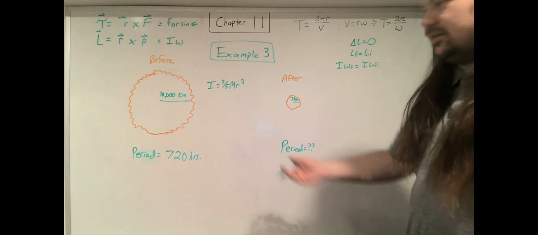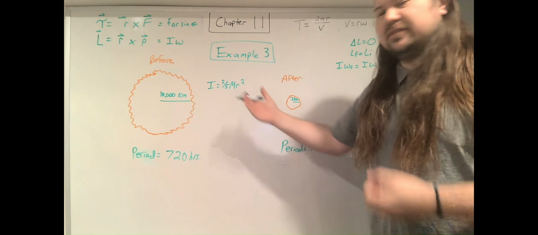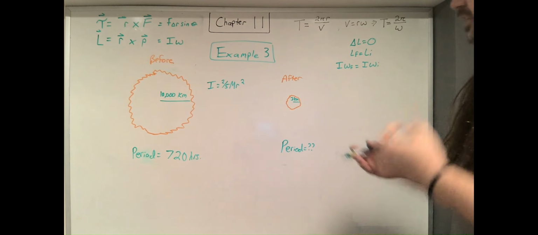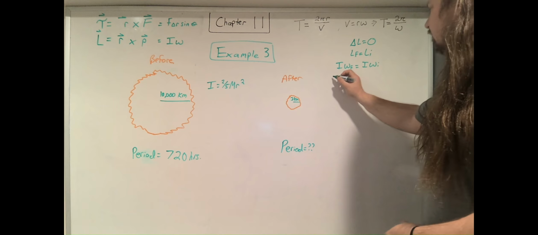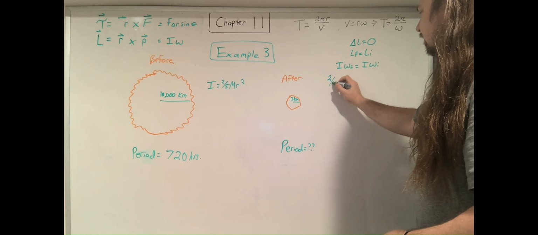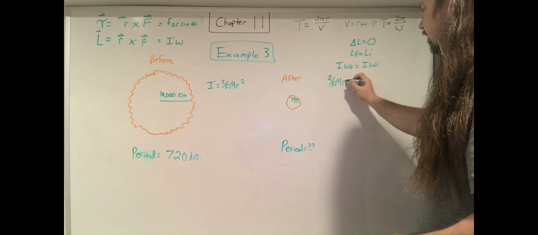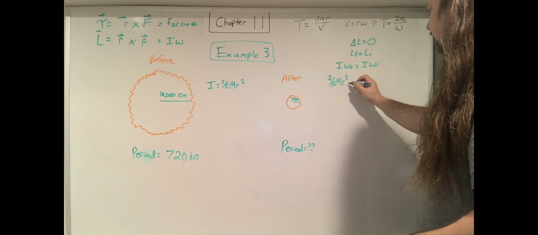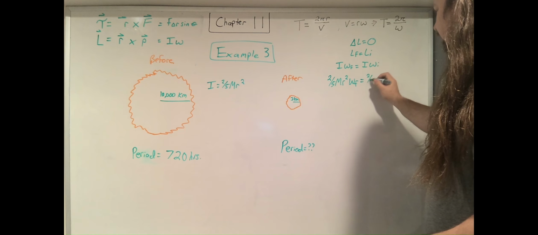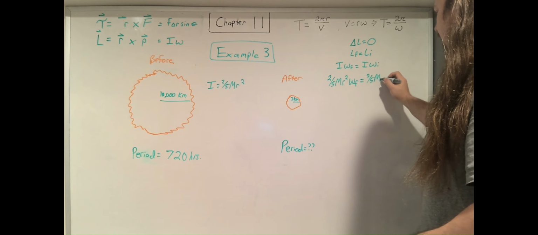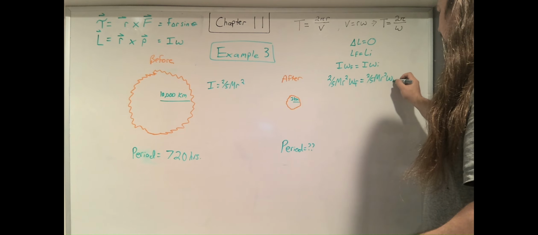It's still a solid sphere in both cases, so there's only one moment of inertia. We're not adding anything to it. There's no extra masses to get added on, so the moment of inertia is simply what it is. 2/5 m r squared omega_F is equal to 2/5 m r squared omega_i.